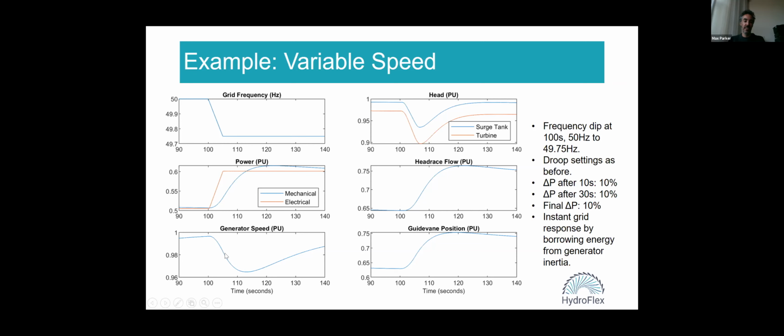So you can see the drop in generator speed, and then it recovers as the hydroelectric system starts providing more power.